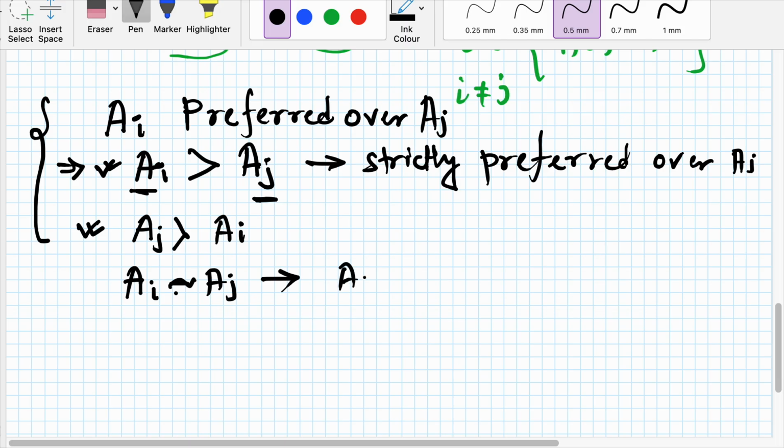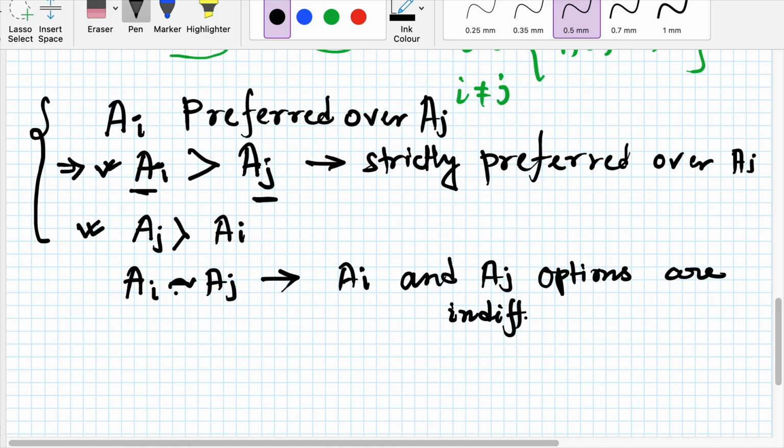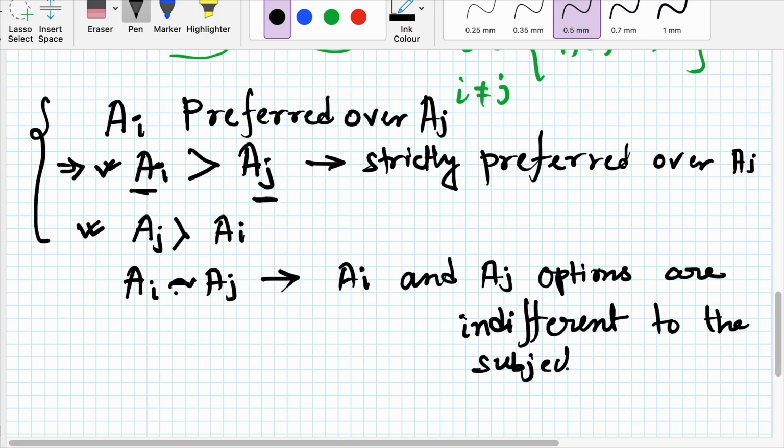So that means ai and aj options are indifferent to the subject.